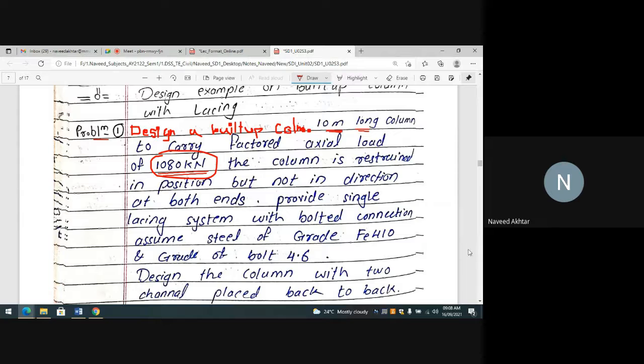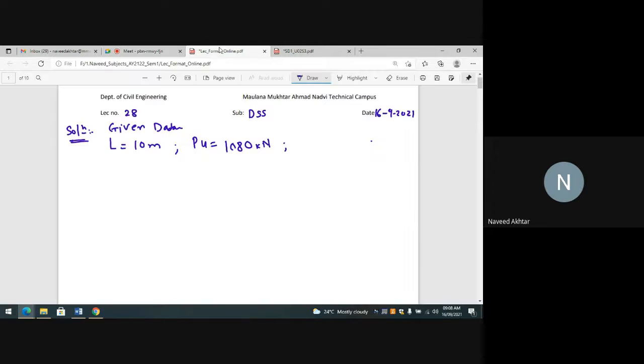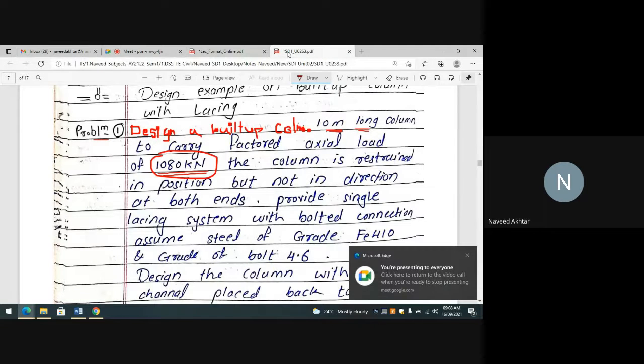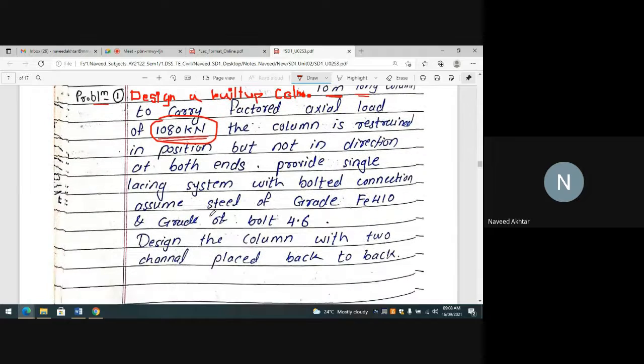The column is restrained in position but not in direction at both ends.